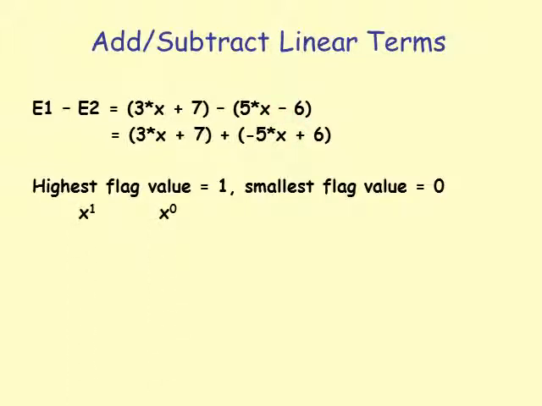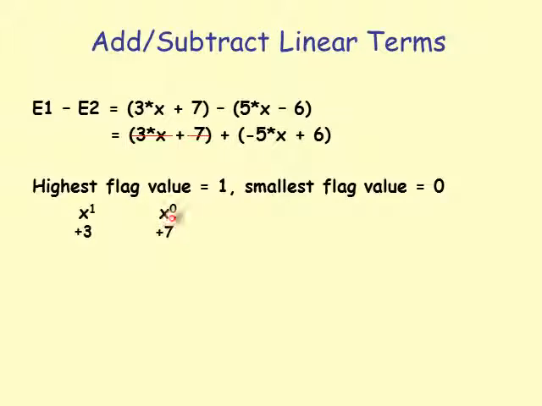Let's continue here. Highest flag value is 1 here, and this one is also highest flag value 1, and the lowest is 0. Constant term has a flag value of 0. Constant term 7 is equal to 7 times x power 0. So first term is 3 times x, so we put plus 3 under column x1.